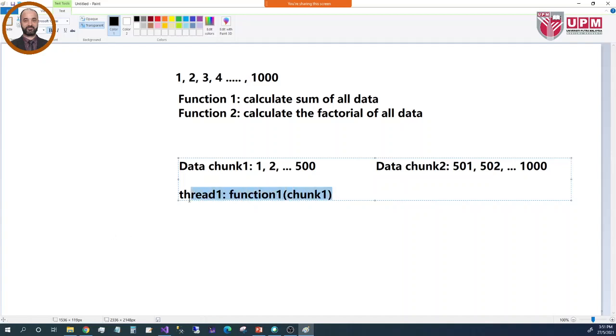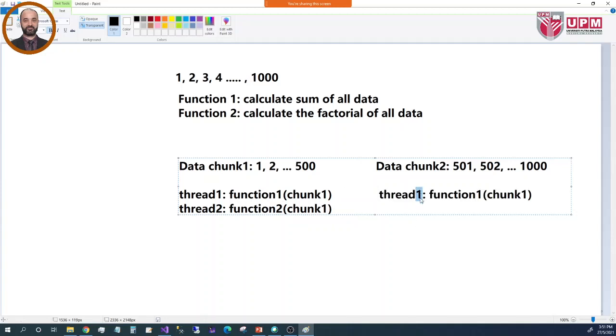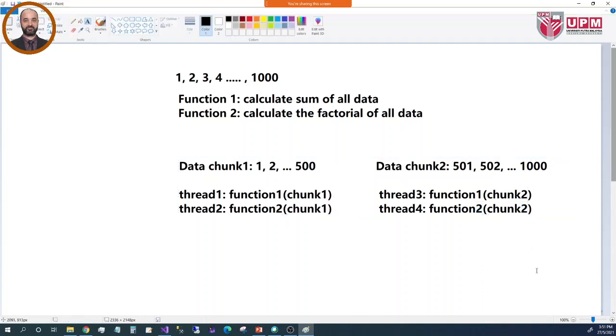And here thread 2, for example, runs function 2 on chunk 1, and thread 3, for example, runs function 1 on data chunk 2, and as you could imagine, thread 4 runs function 2 on data chunk 2.